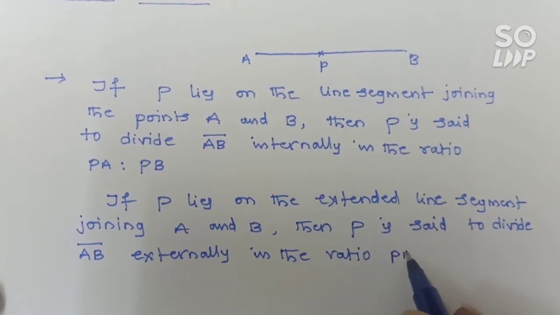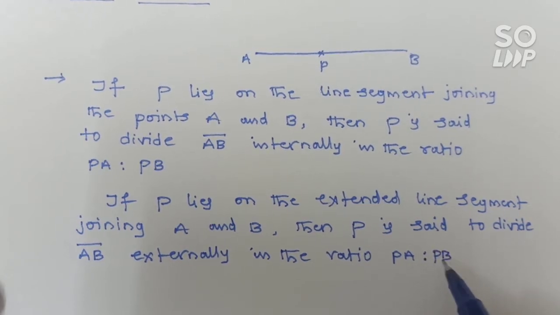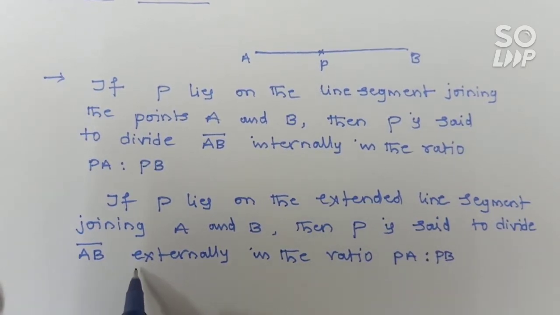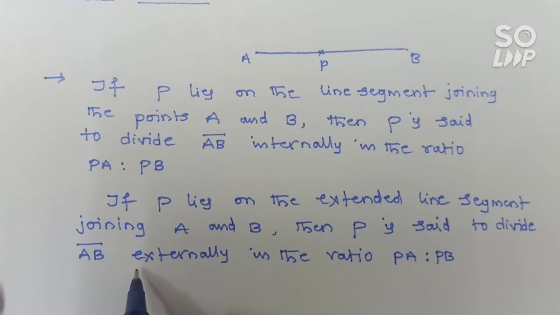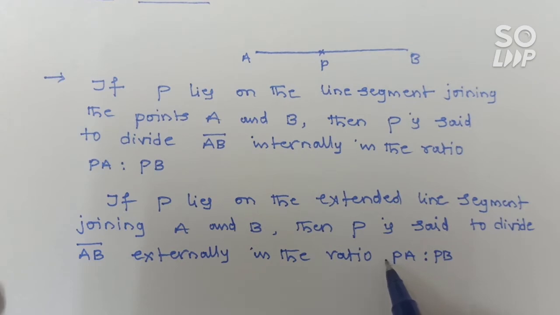In the ratio PA is to PB. Here, why are we taking this ratio? When we mention externally, there is no need to take the negative sign. Suppose you do not mention externally, then you take minus PA is to PB.